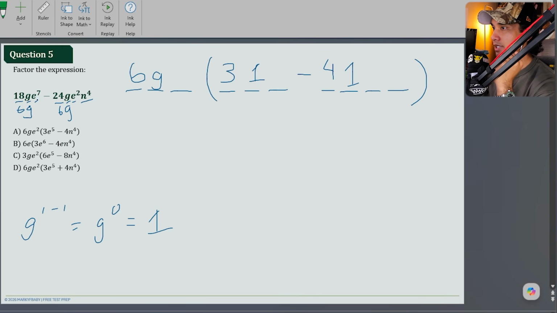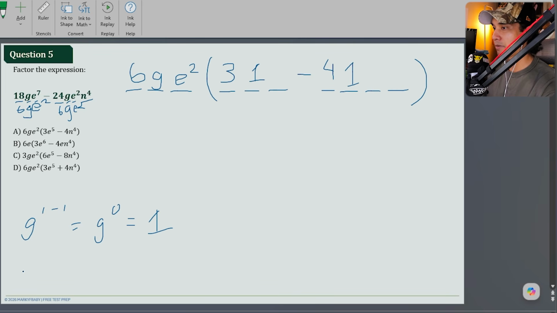Okay, e to the 7th power and then e squared. Well, this is the lowest exponent, so we can take this out, e squared. And this could be taken out, put right there, and then e to the 7th power divided by e squared.